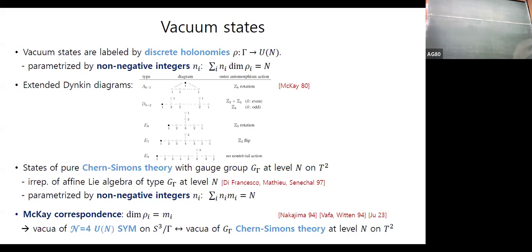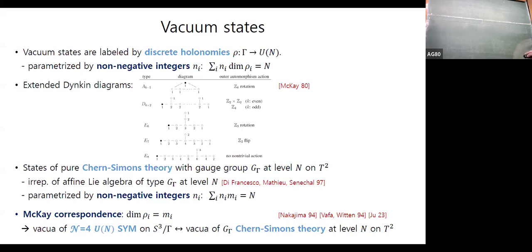Yeah, that I am going to explain now. What is that group G_Gamma? ADE, the classical groups: SU(N), SO(2N), E6, E7. I see. So you take the irreps of the affine Lie algebra of whatever ADE group at level n and take Chern-Simons theory corresponding to that on T^2, and then there's a one-to-one correspondence.